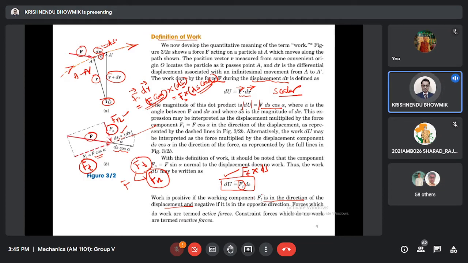This Ft is known as the active force. On the other hand, the other one, Fn, is called the reactive force, which will not do any work. So active force and reactive force.